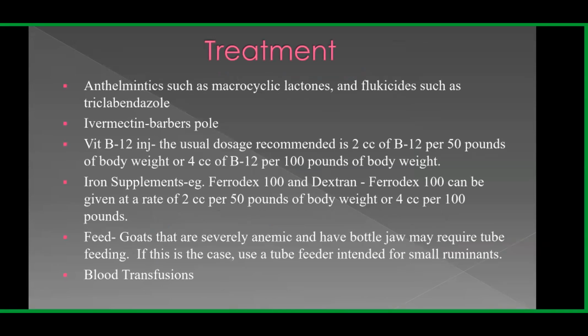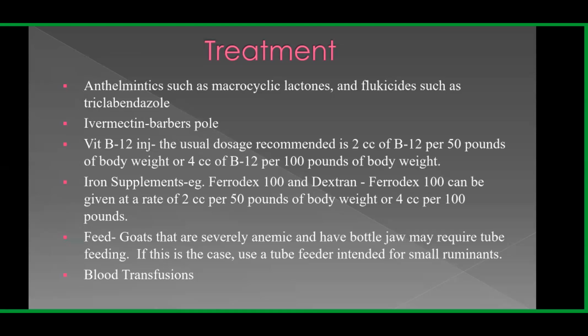As I said, typically it is because of flukes in case of sheep and goat, and also in case of cattle. So we can use anthelmintics. Macrocyclic lactones, glucosides, and ivermectin also we can use in case of Haemonchus contortus. Vitamin B12 deficiency can also lead to anemia, and we can give vitamin B12 injections.